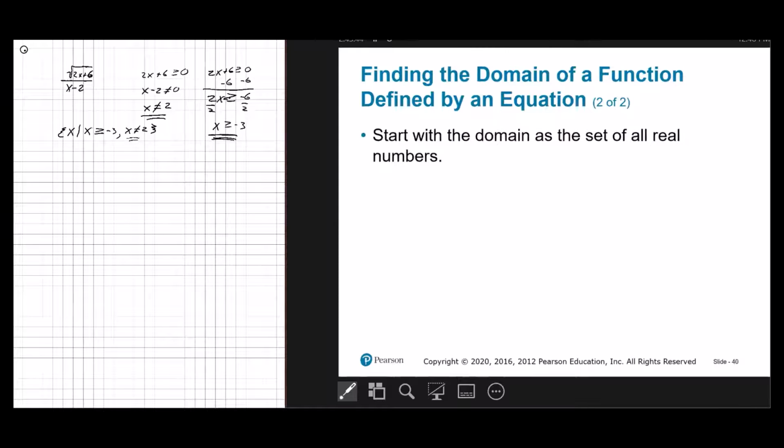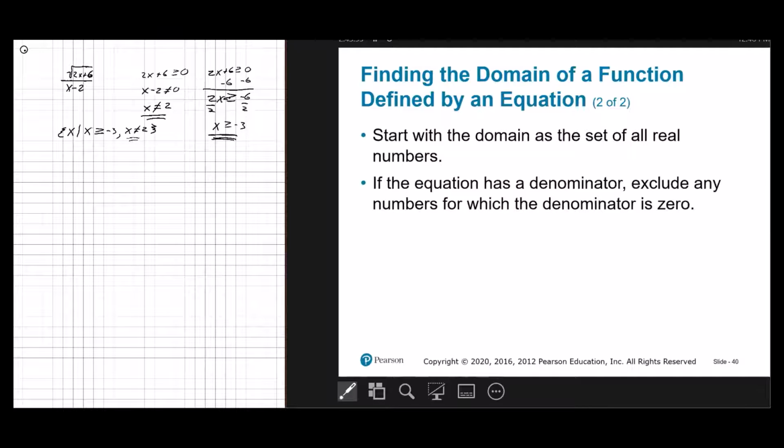Okay. So finding the domain of a function defined by an equation. First, you start with the set of all real numbers. Then if the equation has a denominator, you exclude any numbers that give the denominator a 0.